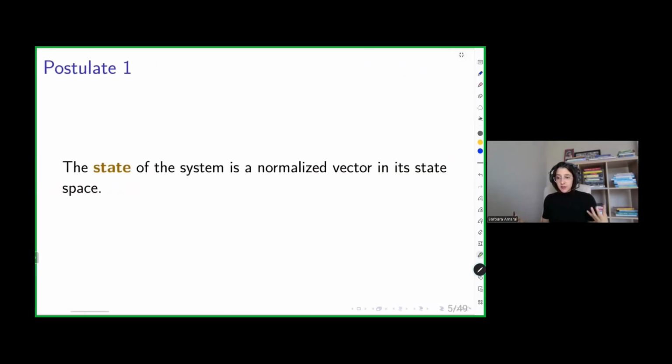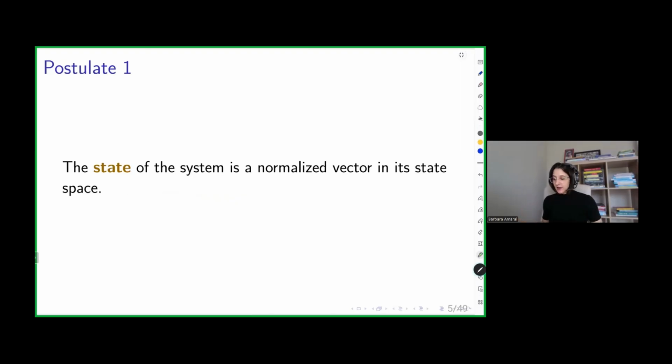The state of the system itself is a normalized vector in its state space. Normalization comes from the probabilistic interpretation that we give to this vector, which we'll talk about later. So for now, just think that it is a vector in some vector space.